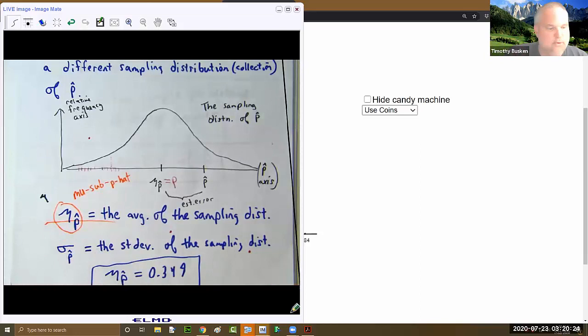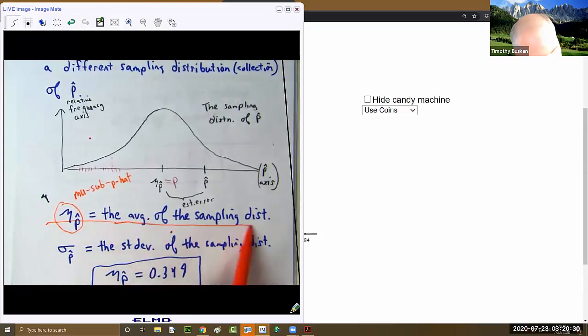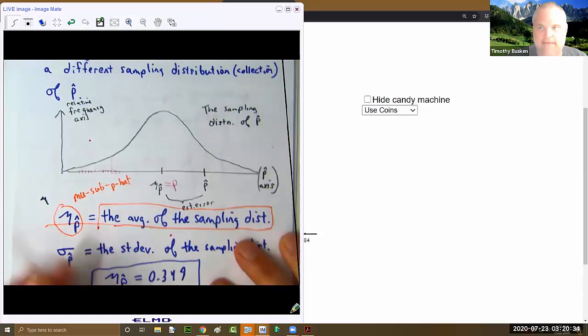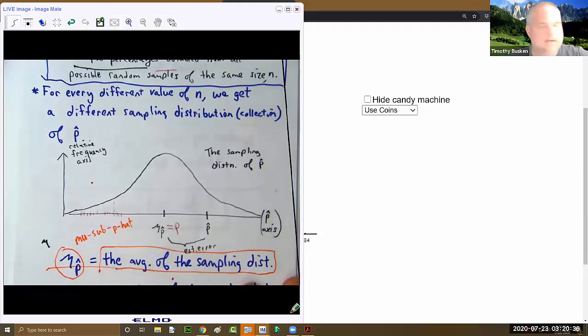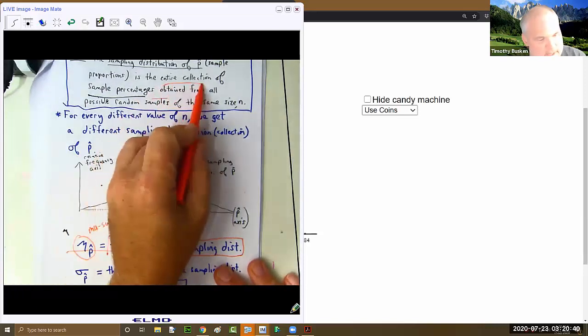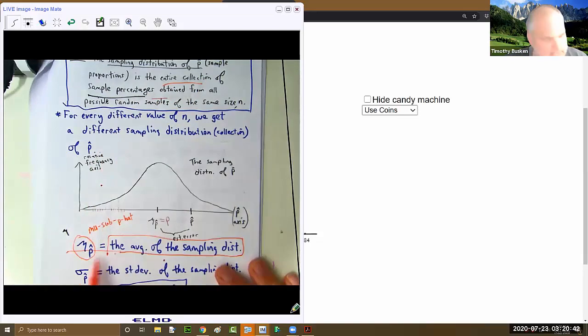That's how we pronounce this symbol. And this is the symbol that we're using for the average of the sampling distribution. If you have the entire list of sample percentages, that entire collection, and you take the average of that list, you're getting a number called mu sub p hat.